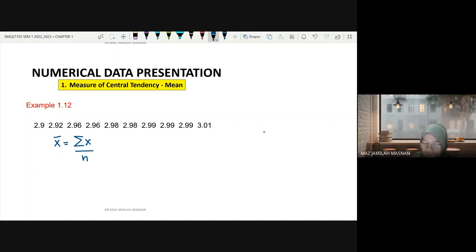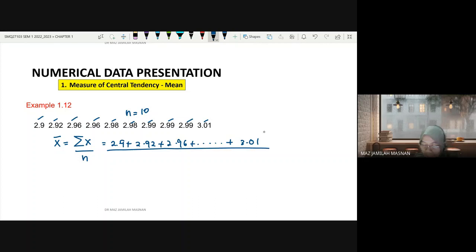So here my n would be how many? 1, 2, 3, 4, 5, 6, 7, 8, 9, 10. I have 10. So summation of all x means that we add: 2.9 plus 2.92 plus 2.96 plus and so on until 3.01. Then divide by 10. Okay.